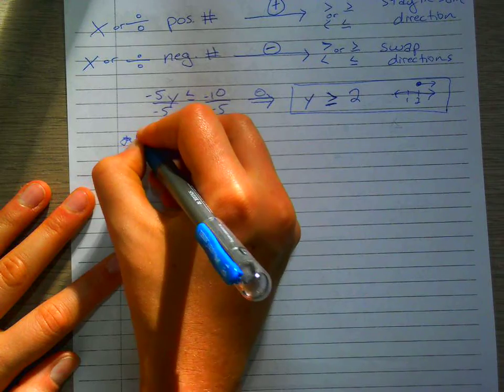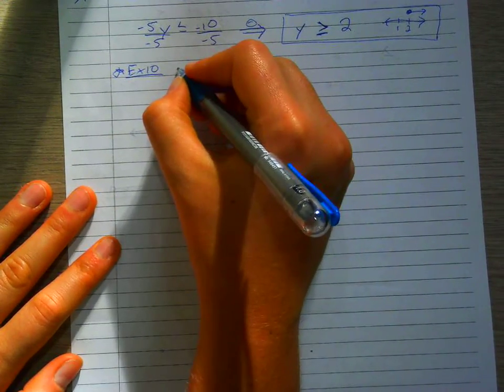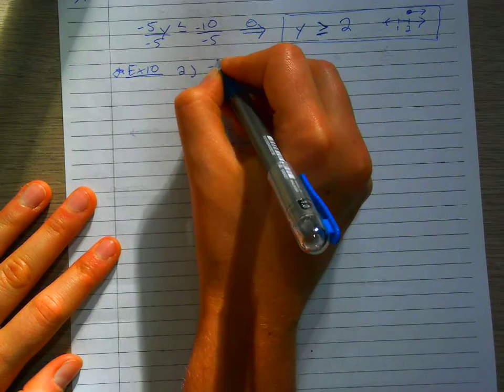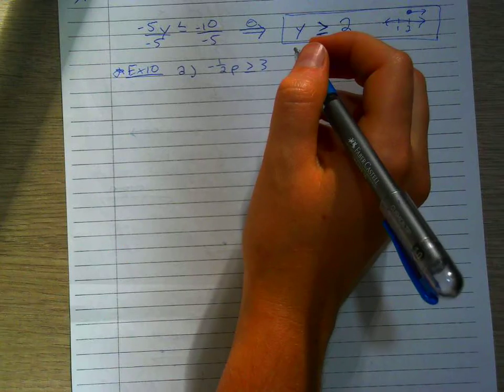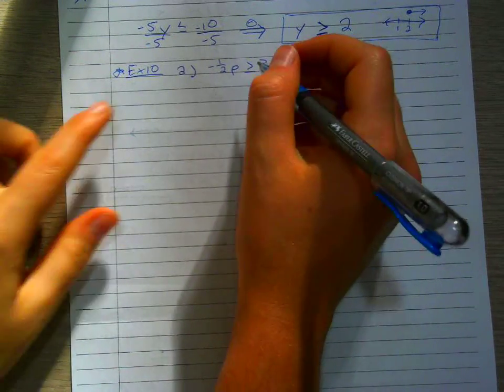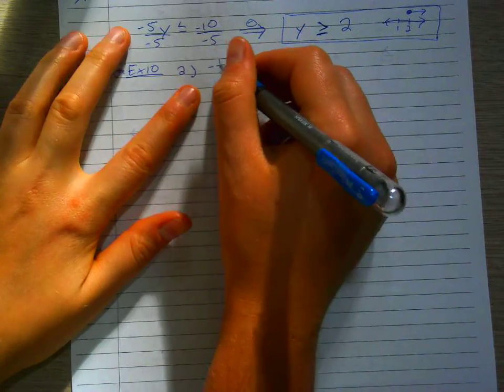Example 10. In example 10a, negative p over 2 is greater than or equal to 3. So we're going to have to multiply by a negative number to get rid of this.